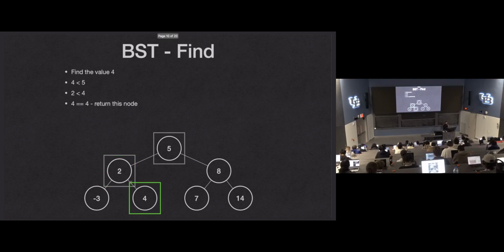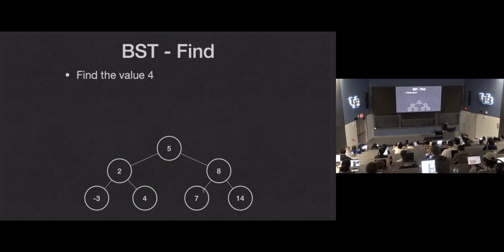So we're going to move to the right, and we're going to check, is 4 less than 4? It's false, so we're not going to the left subtree. Switch the arguments. Is 4 less than 4? False, so we're not going to the right subtree. Well, there's only one option left. The value we're looking for must be at this node, so we're going to return a reference to this node because we found what we're looking for.